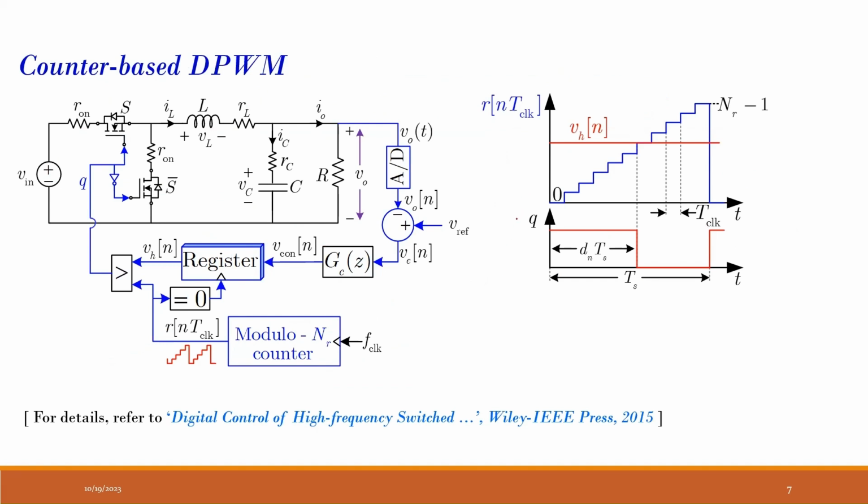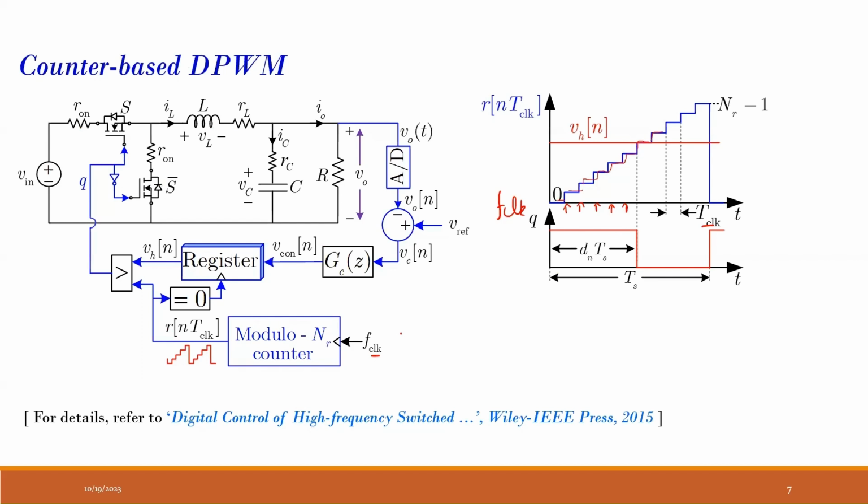So what is my counter? The ramp is implemented using this. This is my ramp, and the increment happens periodically at a time period of T clock. There is an F clock signal over here, and it comes periodically after a time period of T clock.